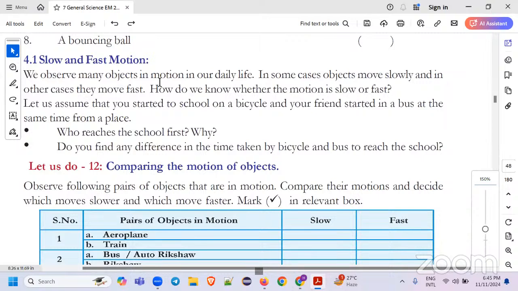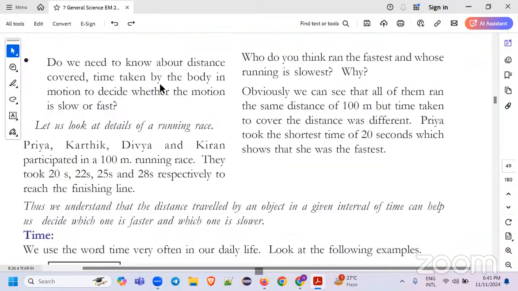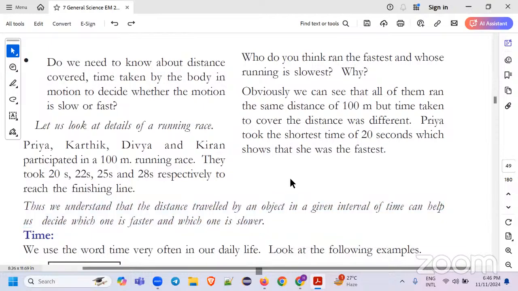Slow motion and fast motion, how do we understand this? To understand this, we have to compare with another component called time. So we understand that the distance traveled by an object in a given interval of time can help us decide which is faster and which is slower.